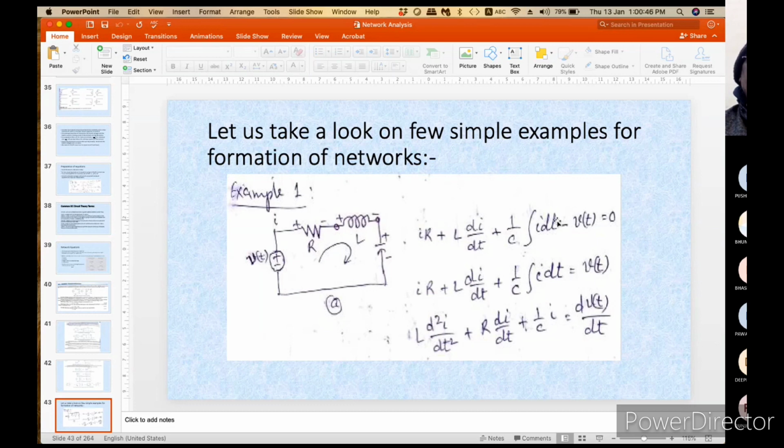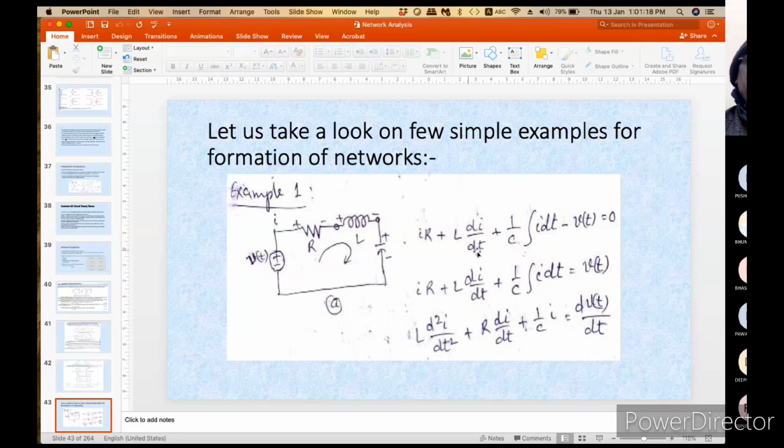Again, as I said earlier, the convention depends on direction: you start from some point here. If given this is positive, then this is positive, going positive to negative, and again positive to negative. So all these are plus signs. When it comes here, it is from negative to positive, and therefore a negative sign.